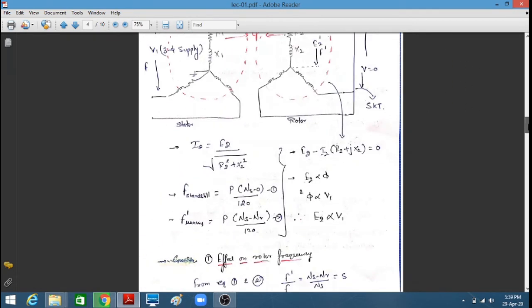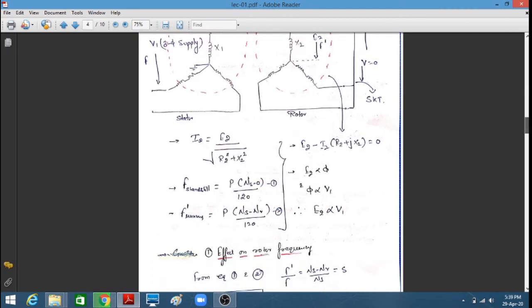So the first was the effect of slip on frequency. Now second, the effect on voltage. Suppose E2 is our voltage when the rotor is not moving, that is at standstill, and E2 dash is our voltage when the rotor is moving. E2 is the secondary or rotor side induced voltage, which is directly proportional to the change in speed, Ns minus Nr.